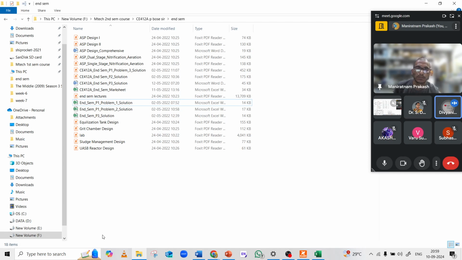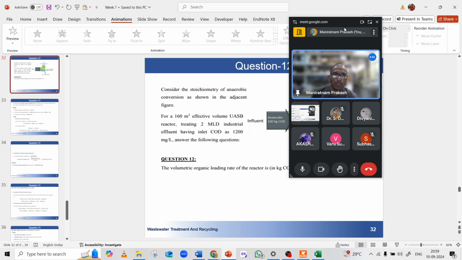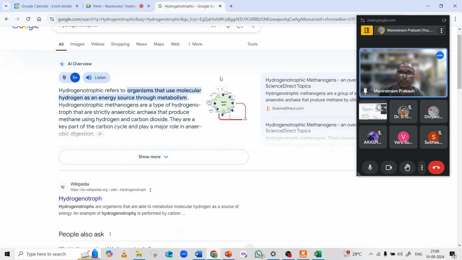So in this question the biomass and biogas are in the form of grams. So my question is not related to your question, and I am very confused. In which week has this question appeared?